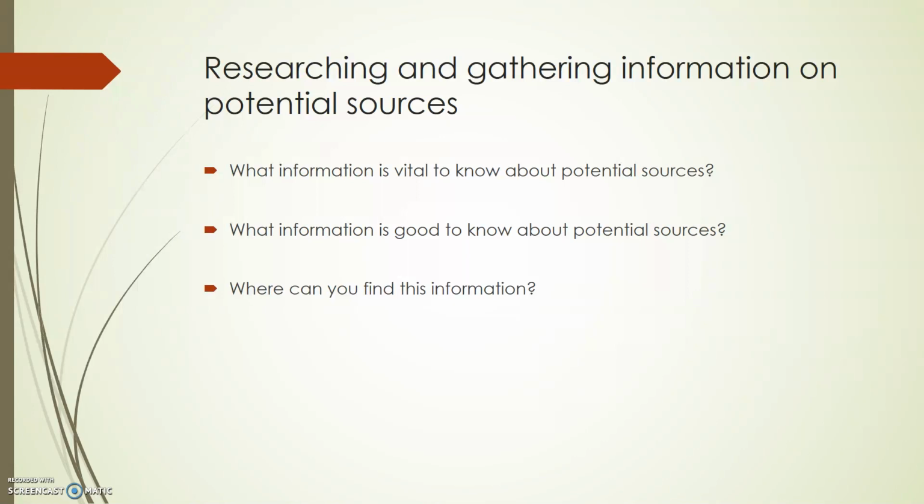So what information is good to know about the potential sources? It's the things you might want to know, but it's not necessary to know to be able to evaluate how good it is. So it's like, do they constantly give out grants? That's good to know, whereas something which is vital to know is what's their financial viability.